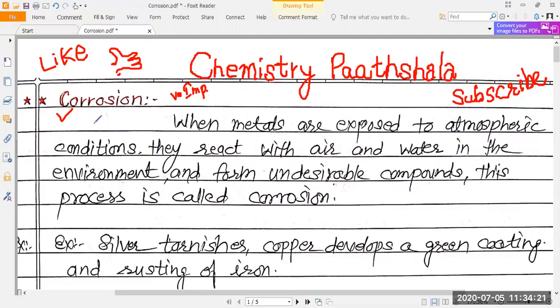So corrosion. What is corrosion? To know the corrosion, we must know the simple definition of corrosion.